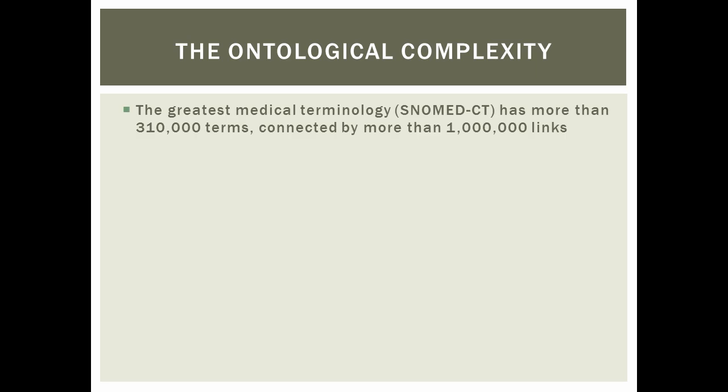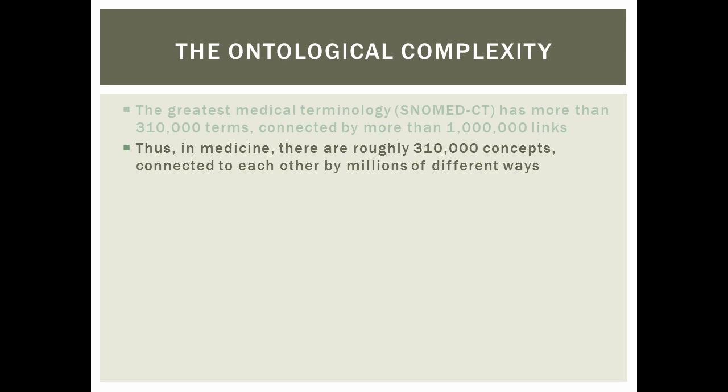And I'm sure that one of the best examples of it is the size of the greatest medical terminology, SNOMED-CT. SNOMED-CT has more than 310,000 terms, and those terms are connected by more than 1 million links.